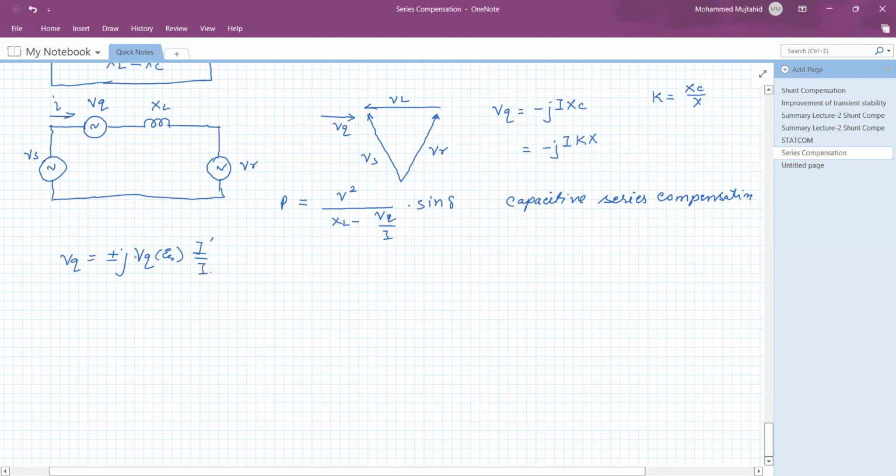So the voltage injected by the SSSC is independent of the line current. So this is the major advantage. What is the major advantage? The injected voltage VQ is independent of line current.